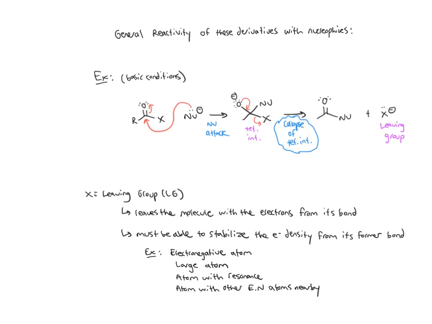And so that's why we're going to have this type of reactivity, because we are going to have that heteroatom that can stabilize that charge. And so that reaction is basically going to substitute out whatever that heteroatom was originally with whatever our nucleophile is. So this is called a nucleophilic acyl substitution, and that's because we're substituting out the X group that we had for the nucleophile, and that's the type of reaction we're going to be dealing with in this chapter.